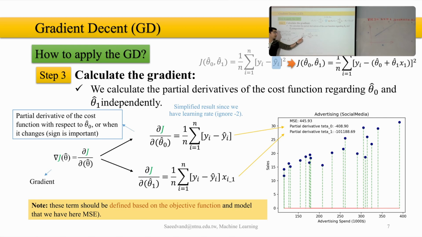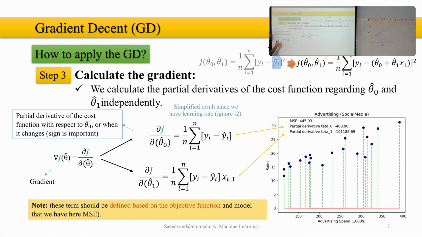It means that when theta hat 0 changes and other variables like theta hat 1 are kept constant, we are calculating the partial derivatives. Another point is that the sign here is important because it shows the direction of the slope for me.